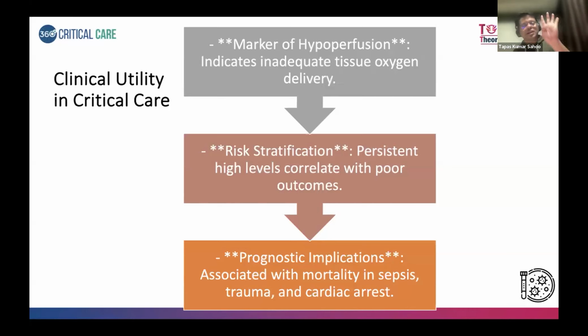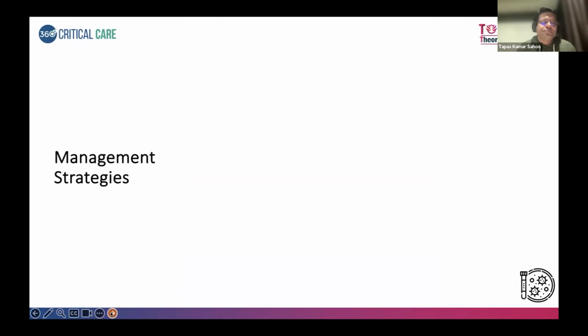So these are the three clinical scenarios where lactate is one of the most important monitoring modalities, giving you a clue whether your resuscitation is successful or not, and it would also prognosticate your patient's clinical future or outcome.